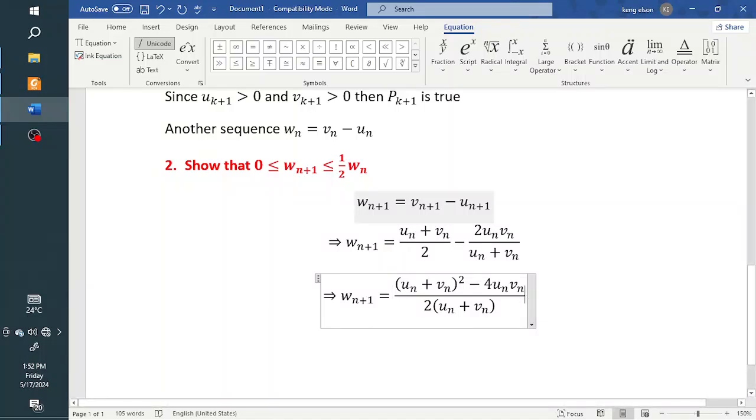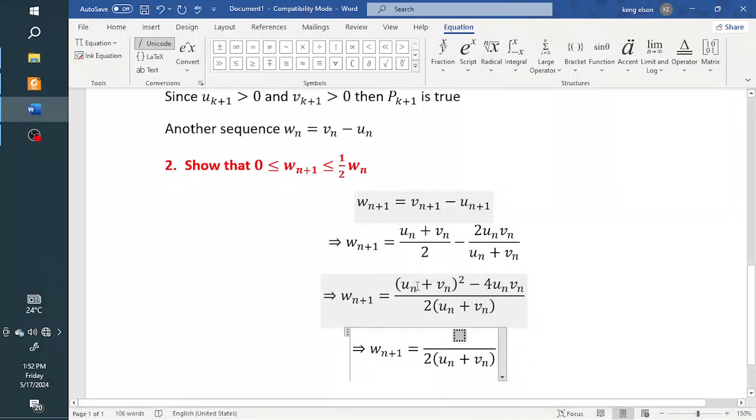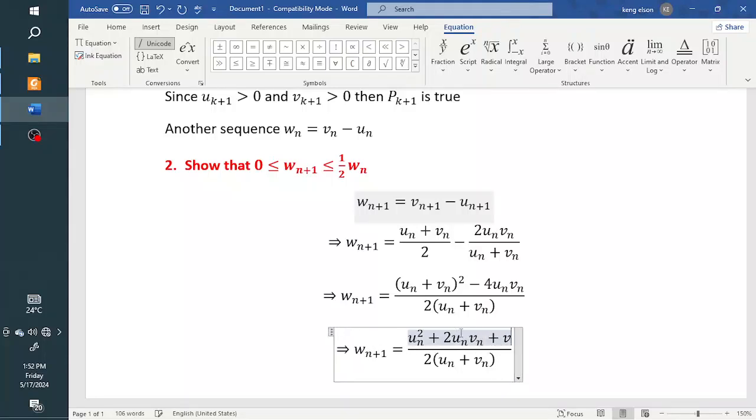Alright, so let's continue. This means that w_{n+1} is equal to, my denominator, we just keep it the way it is. Okay, now let's go to the numerator and expand. If I expand the first quantity here, I'm going to have u_n squared plus 2 u_n v_n, then plus v_n squared. Then now we need to subtract 4 u_n v_n.